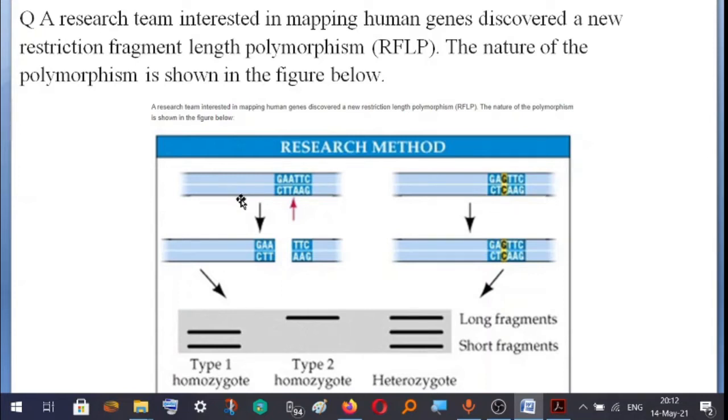Before going into the diagram, I want you to understand a different term, that is SNP. SNP stands for single nucleotide polymorphism. In the genome, there are some specific sites where we see a change in a single base pair.